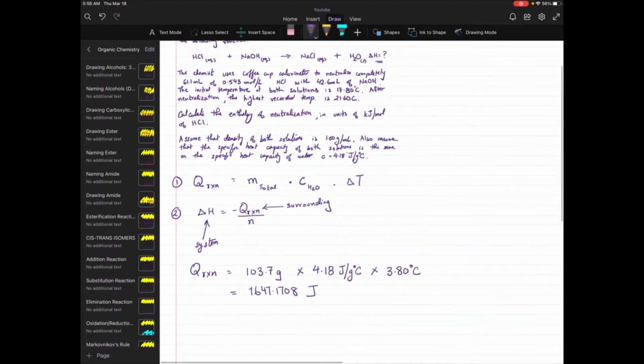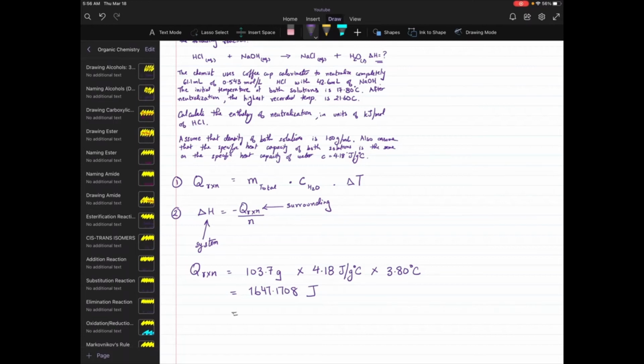Any intermediate calculation should not be rounded off and should be kept as exact as possible. Okay, so once we have the Q value, which is 1647.1708 joules of energy, we need to figure out the delta H. Now, for delta H, they have asked us the units kilojoules per mole. So we need to convert this energy into kilojoules.